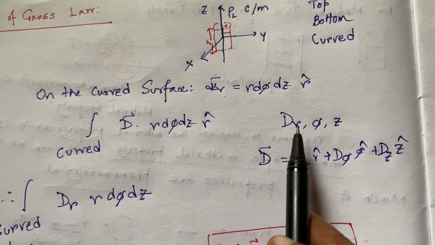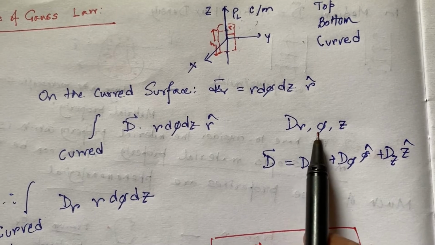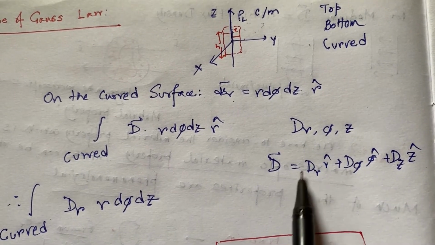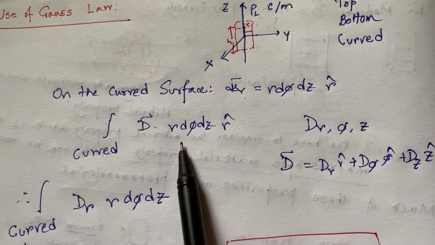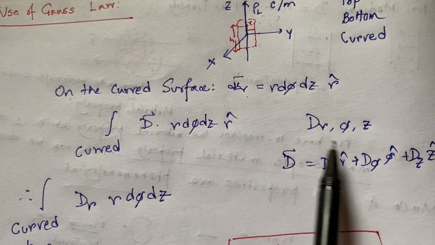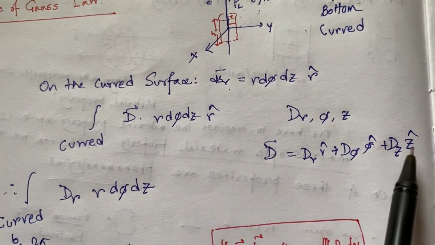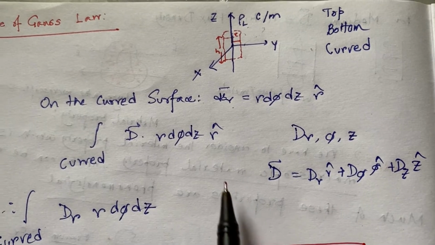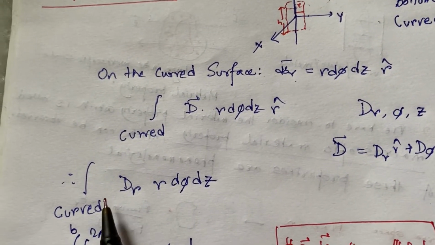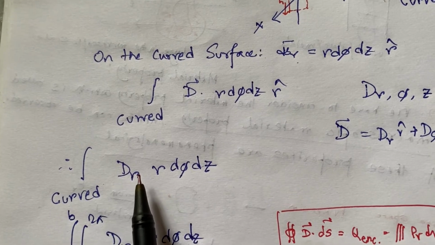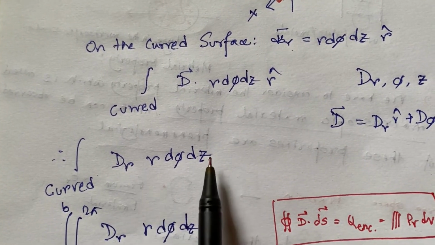Now this D has the r, phi and z component, which can be written like this, and if we write the expression of D over here, the dot products with the phi and z components cancel out, and we have only this radial component. So for the curved surface, the left hand side of the Gaussian law looks like this.